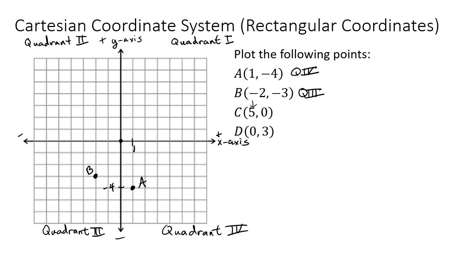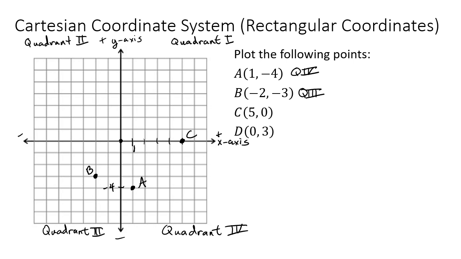Point C, 5, 0, says go 5 to the right, positive x direction, 1, 2, 3, 4, 5, and 0 up or down. So C would be right here, which means it's not in any quadrant. It falls in between. So in this case, we would describe its location based off of the axis it's on.